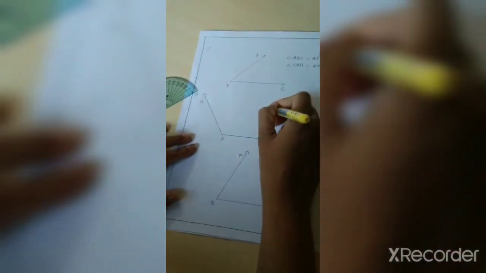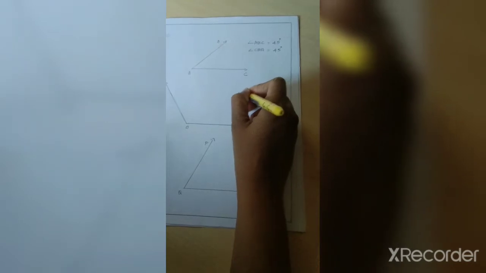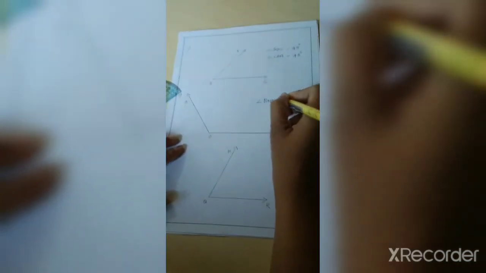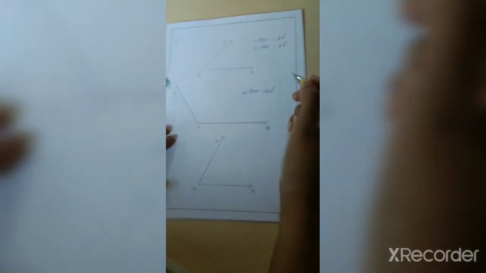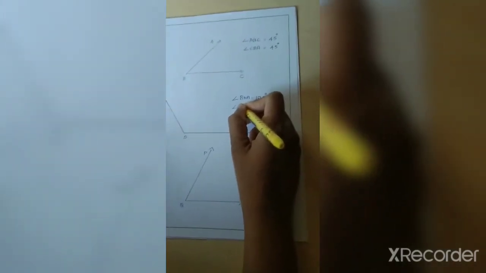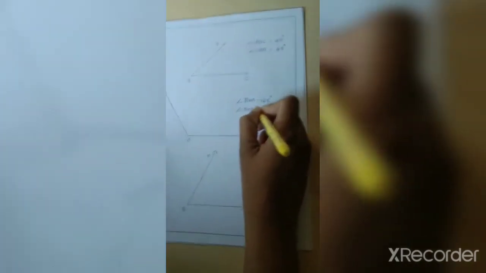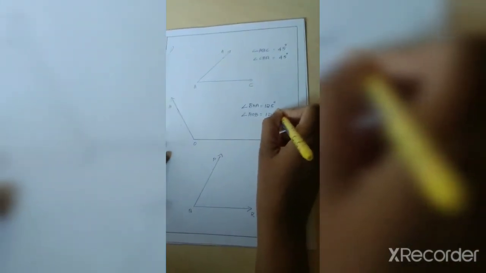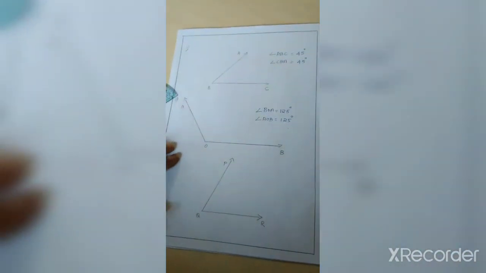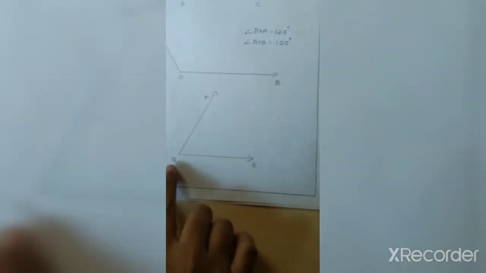We can write it as angle BOA is equal to 125 degree, or angle AOB is equal to 125 degree. Clear, children?